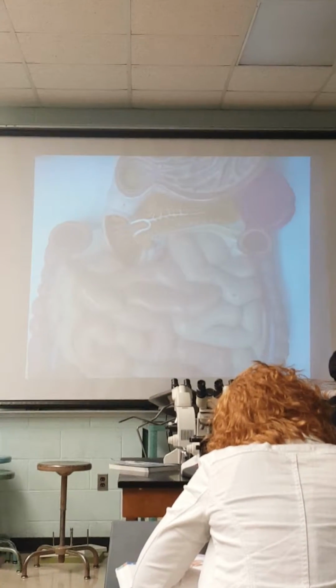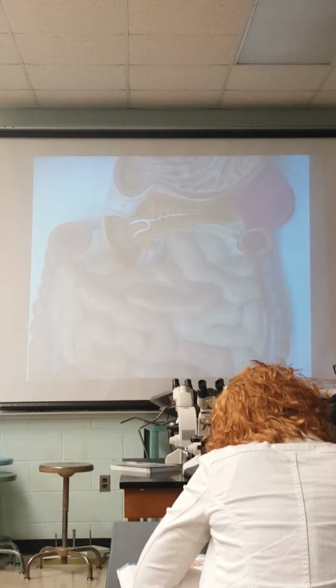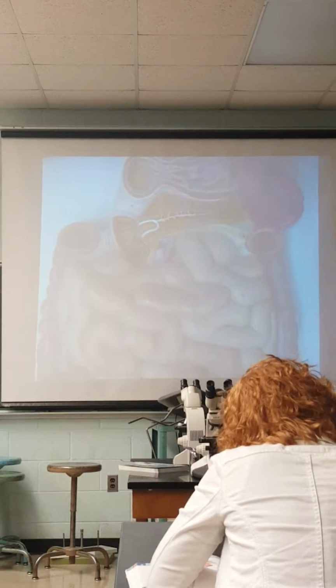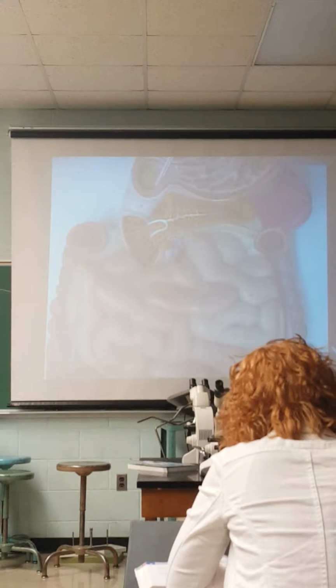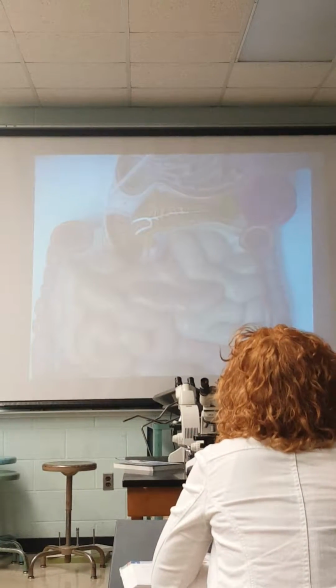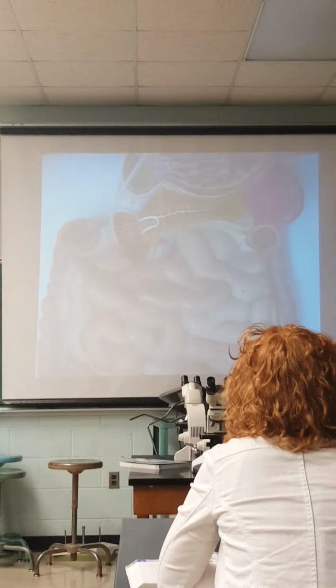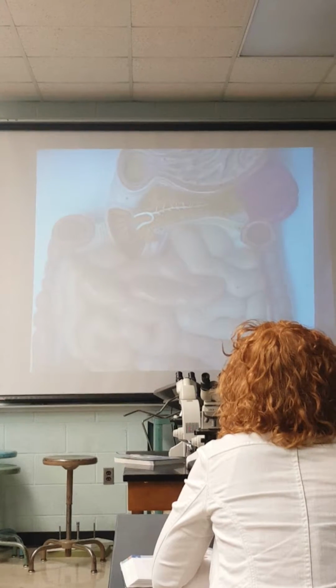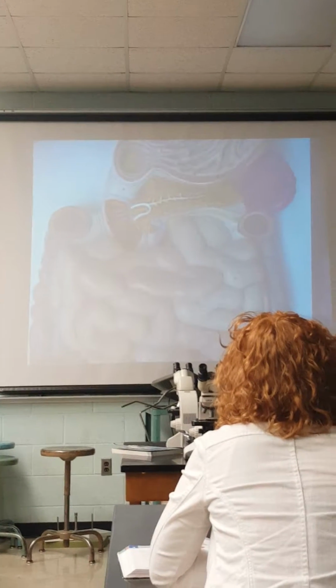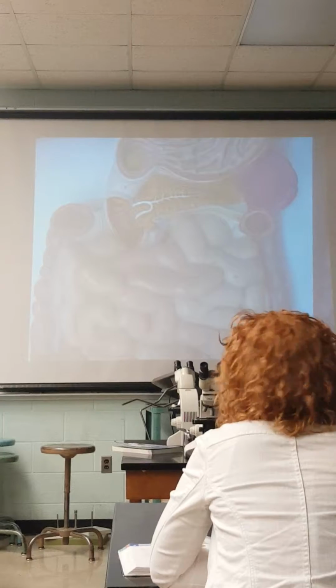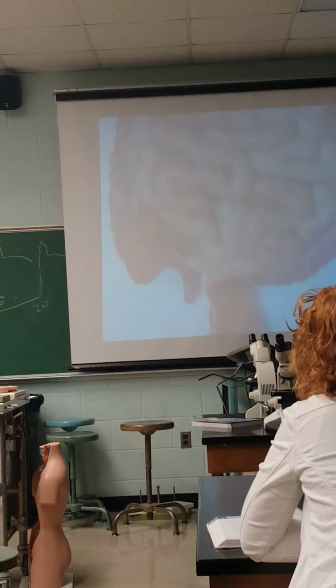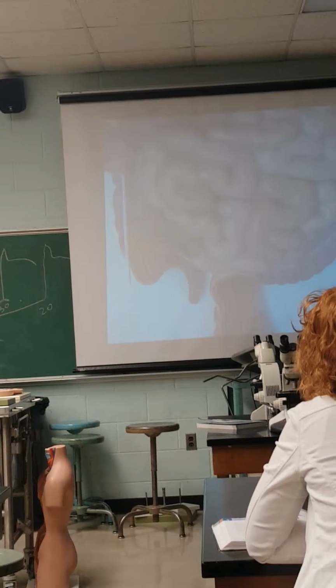And then ileum. We know where ileum is because ileum is at the end. Duodenum's at the beginning, so we go from the stomach. This is the stomach-duodenum junction, or the pyloric sphincter. Here we have ileum, emptying, you see the plicae circulares, into the large intestine.